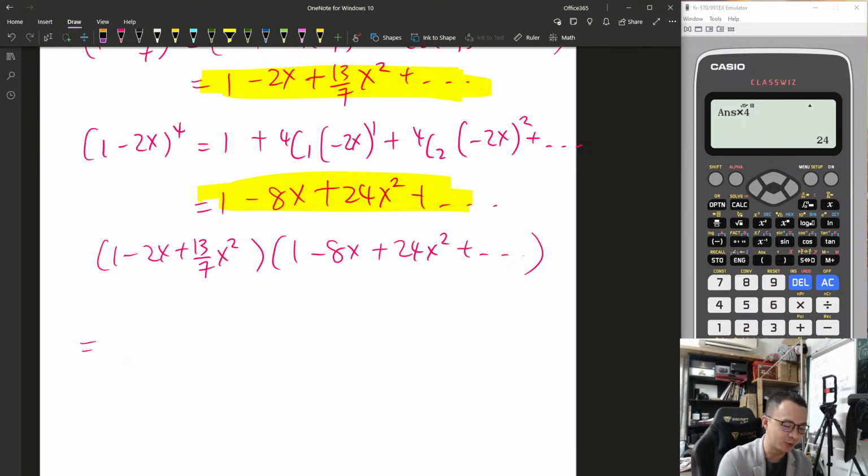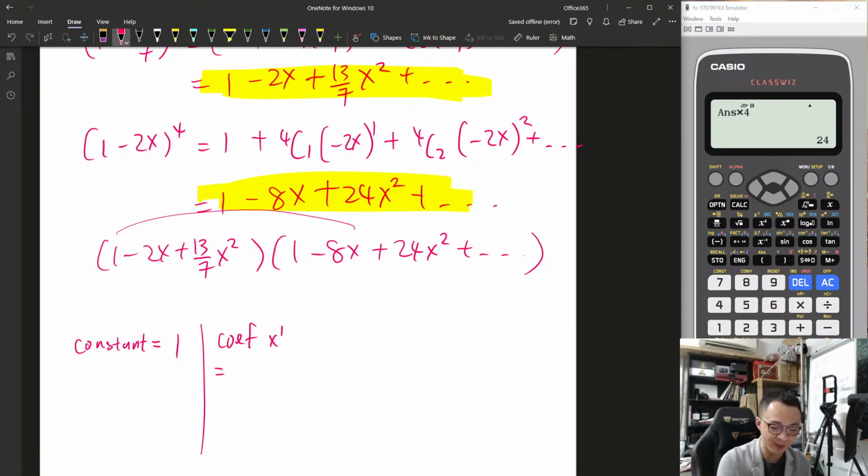Okay, I do it one by one now. For the constant, we are getting 1, because it's 1 times 1. 1 times any other term, there's no way we get a constant. Then the coefficient of x to the power 1: 1 can multiply negative ax, to become minus a, and negative 2x can multiply 1, to get minus 2.